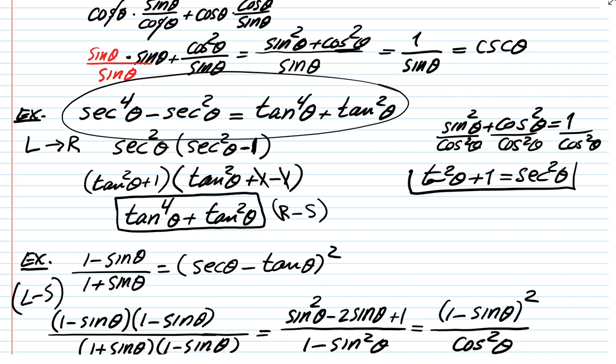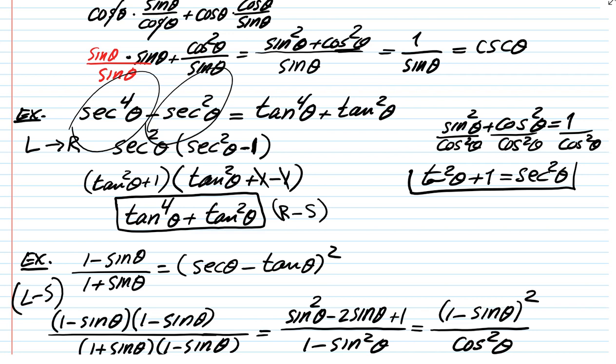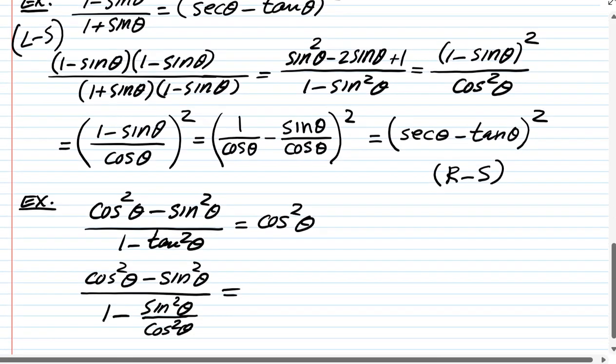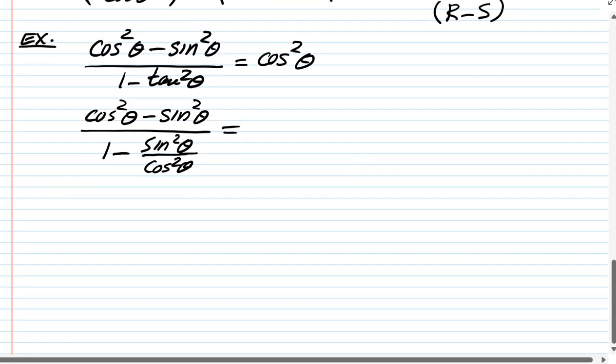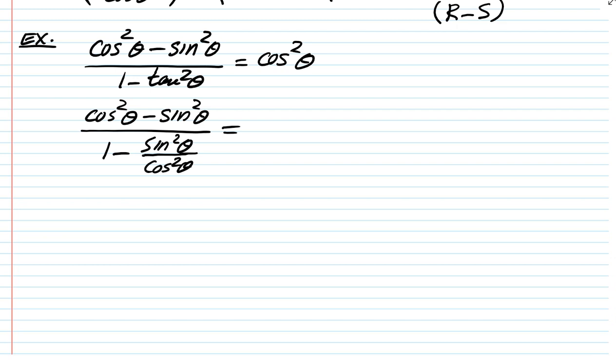People say, well, change everything to sine and cosine and work it through and show that this is what it will be in sine and cosine. That's another strategy. So if that works for you, you can do it that way also. Here's an instance where it actually makes sense for me to change my tangent to sine and cosine. I think that's a better way of doing this business.